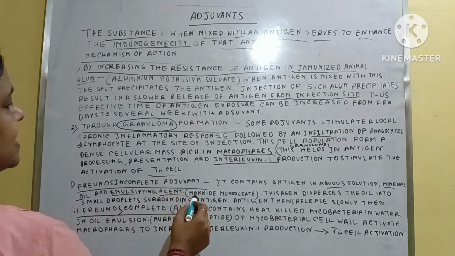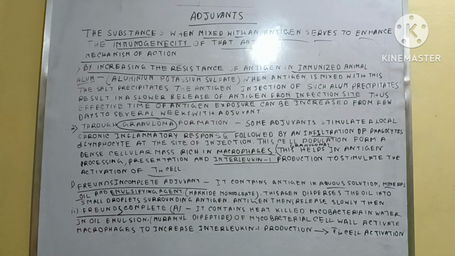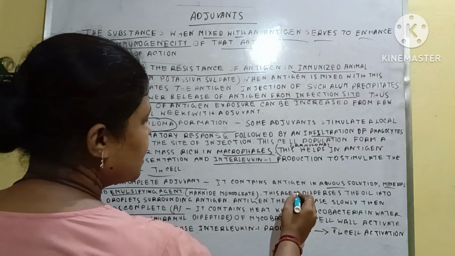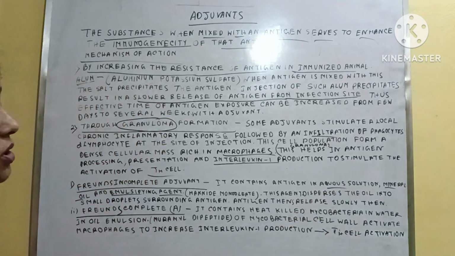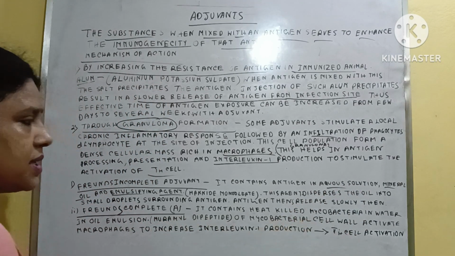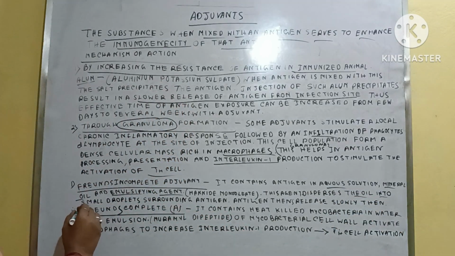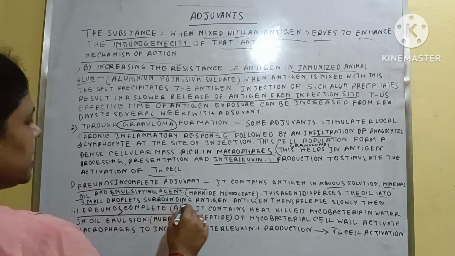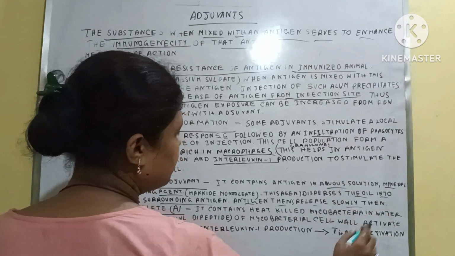One example is mannide monooleate. This agent disperses the oil into small droplets surrounding the antigen, and the antigen is then released slowly.